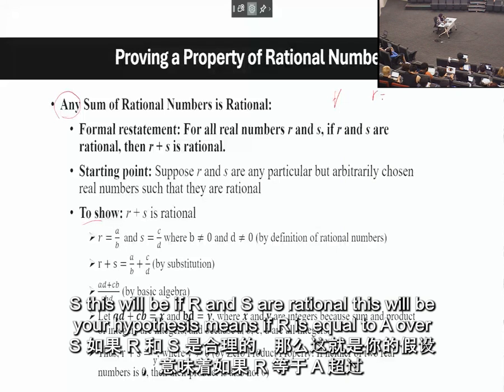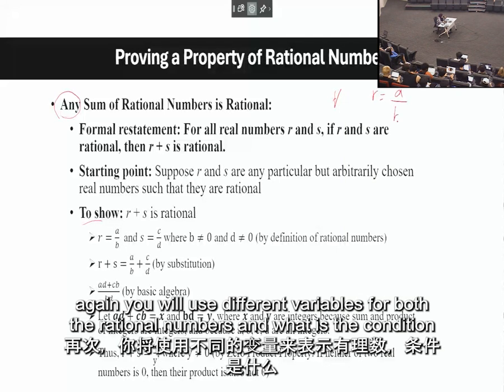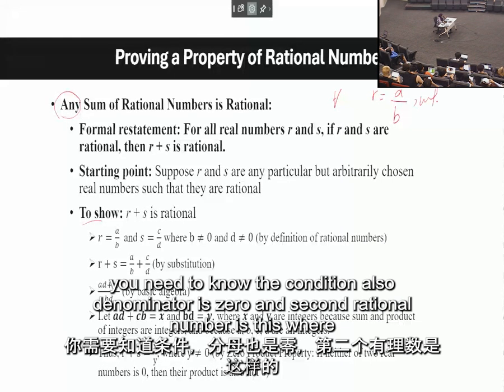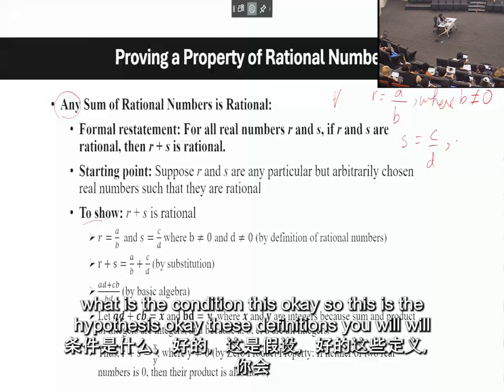Meaning, r is equal to a over b, and again you will use different variables for the other rational number. And what is the condition? You need to know the condition also. The denominator is not 0, and the second rational number is s equals c over d, where d is not 0. Okay, so this is the hypothesis.